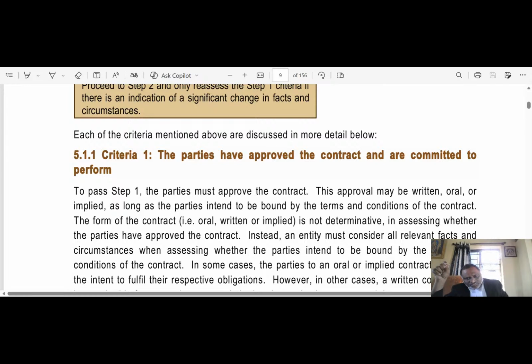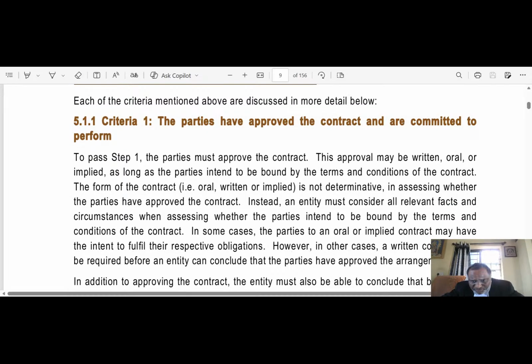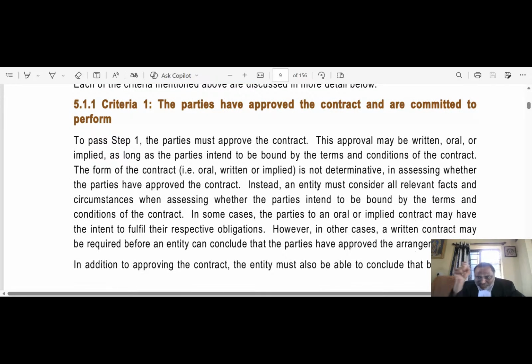In some cases, the parties to an oral or implied contract may have the intent to fulfill their respective obligations. However, in other cases, a written contract may be required before an entity can conclude that the parties have approved the arrangement.